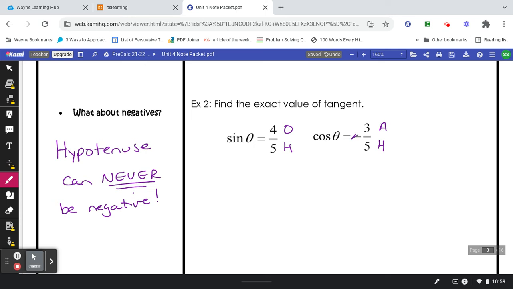So I'm going to move this negative up to the 3. So that way the adjacent side is negative 3, the hypotenuse is 5, and the opposite side is 4. Once I know all three sides of my triangle, I'm just going to answer the question that they asked. They are only asking for tangent on this one. Opposite over adjacent. There we go.